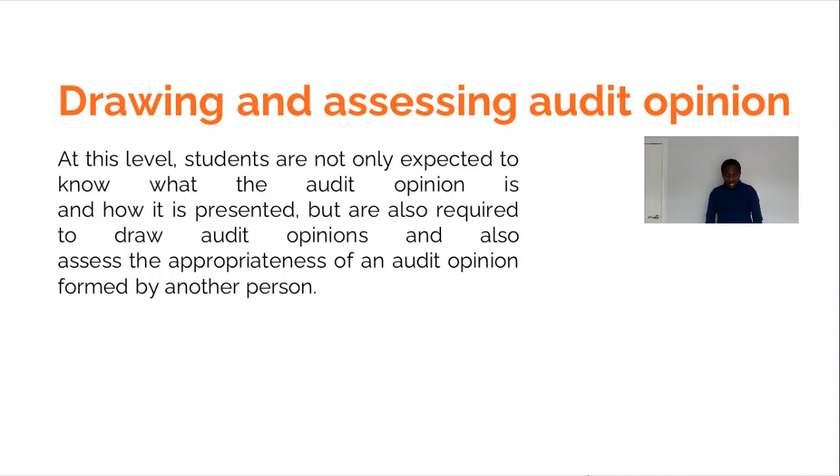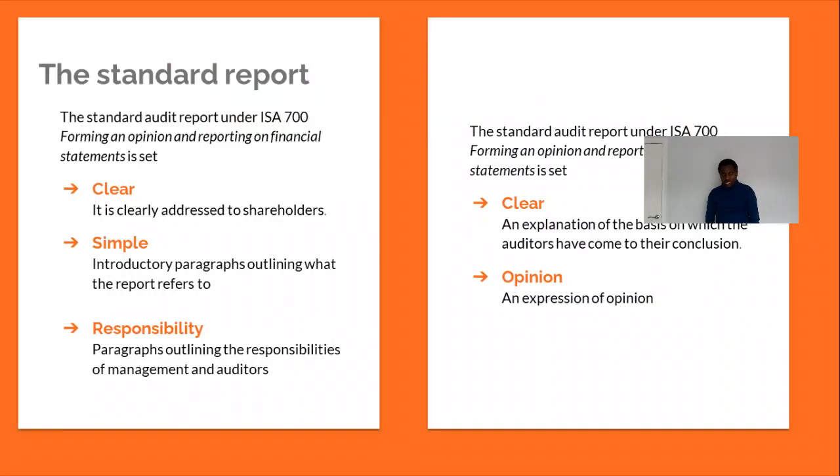These are the elements expected in a standard audit report. So the standard audit report under ISA 700, that is International Standard on Auditing 700, forming an opinion and reporting on financial statements, is set to, 1. Address the shareholders.